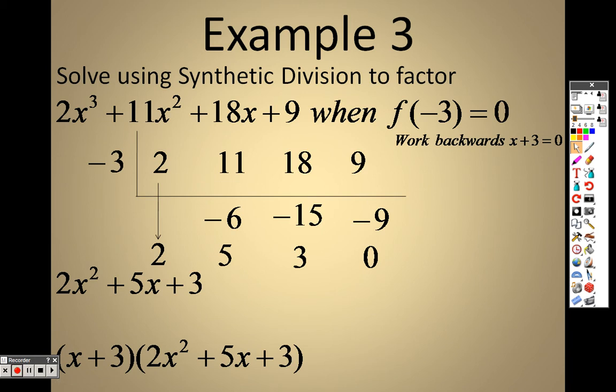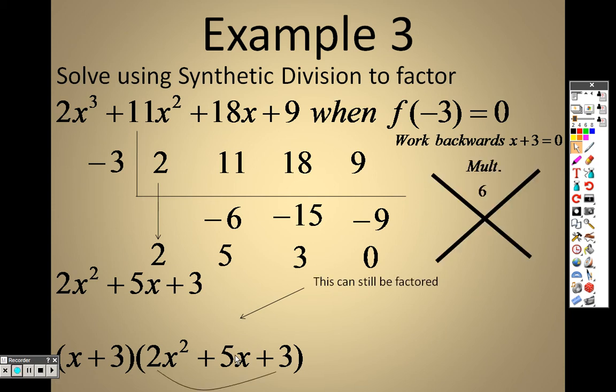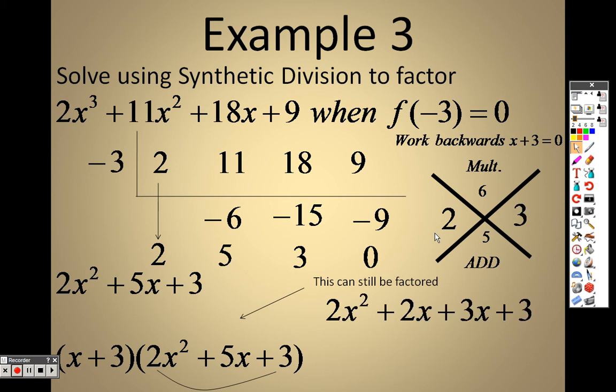Or we can use the method that we just talked about in the last section, which was factoring by grouping. If I wanted to, I could split that 5x into something. All right, so we slide to get a 6 and a 5, and we figure out that that is 2 and 3.